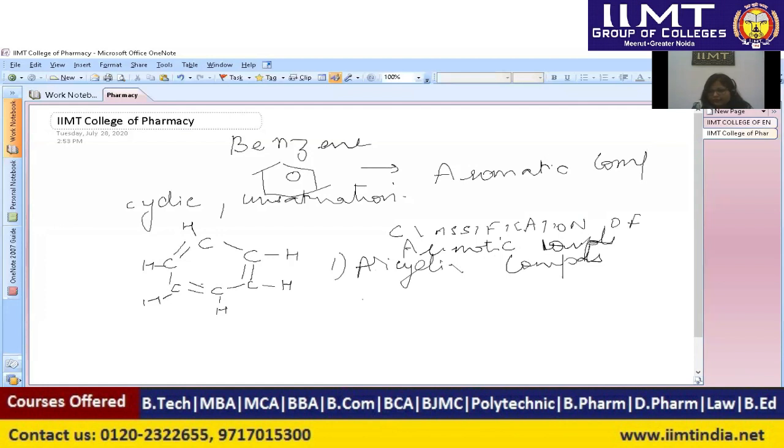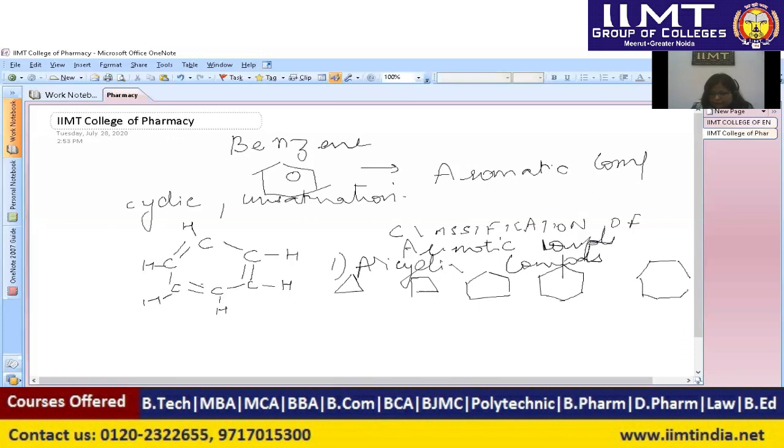Alicyclic compounds can be like propane, butane, pentane, hexane, or octane type of structures. So these can be termed as alicyclic compounds.